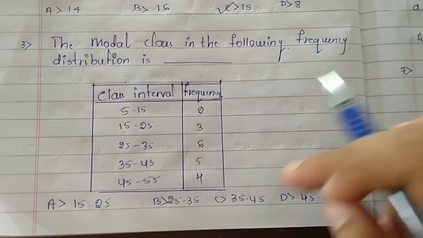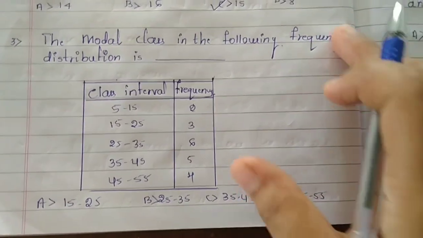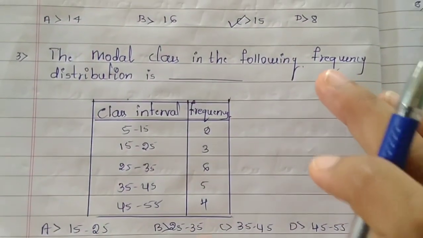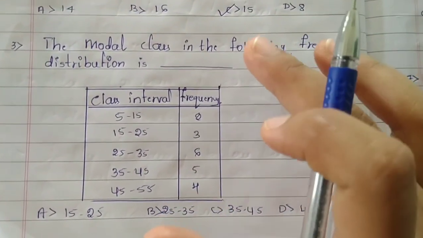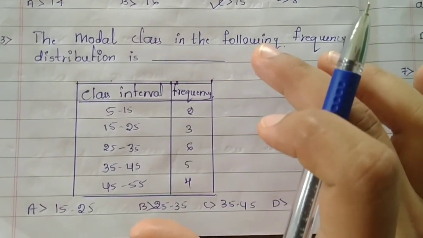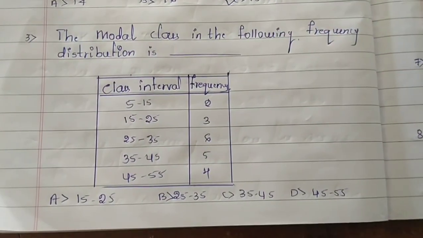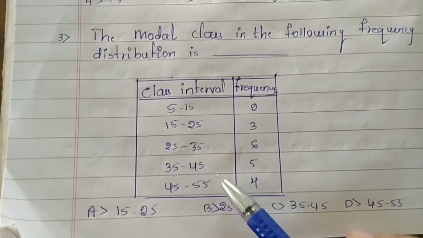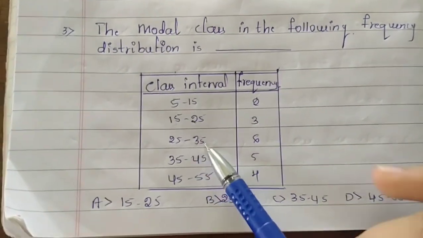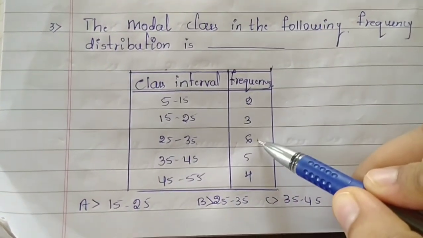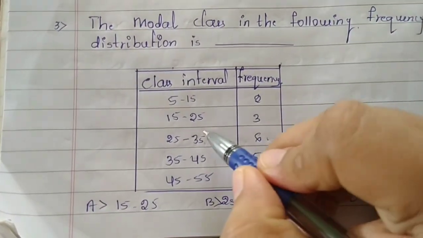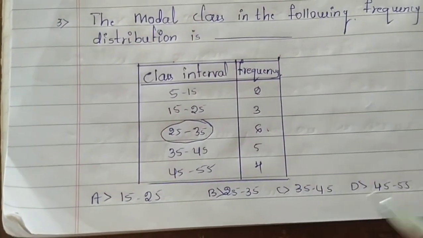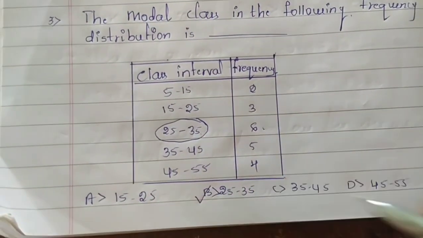So first you have to check which class interval has the highest frequency. Here you can see the class with the highest frequency is 25 to 35, where 6 is the highest frequency. Therefore this is the modal class, so the correct option is option B.